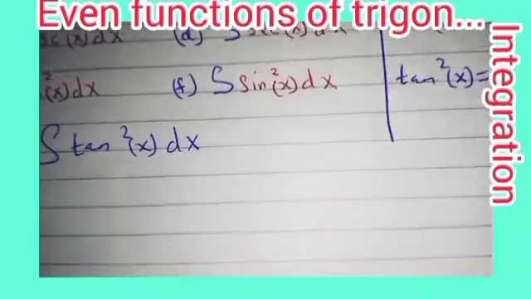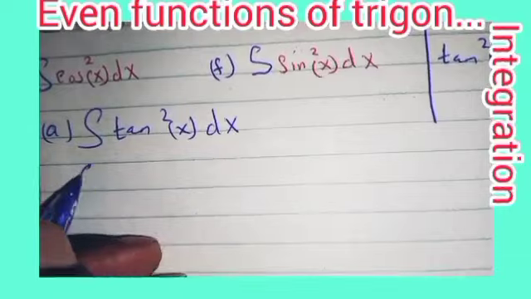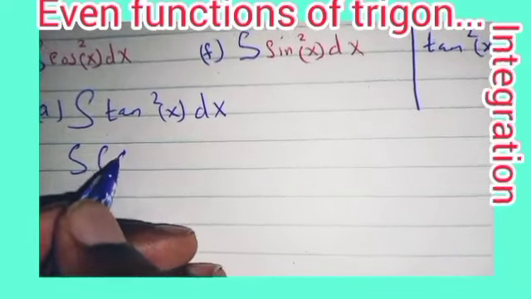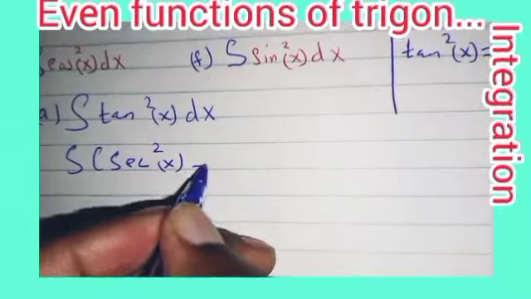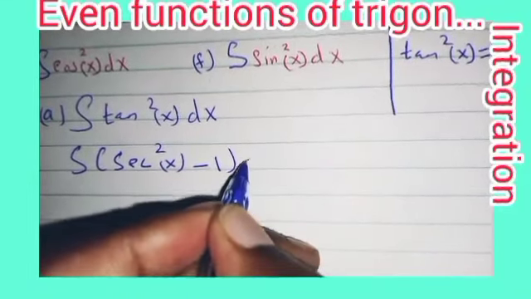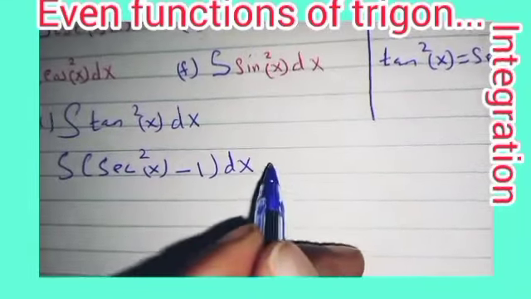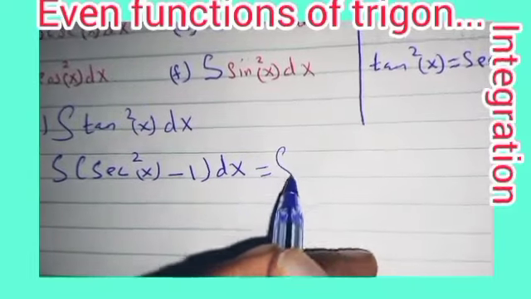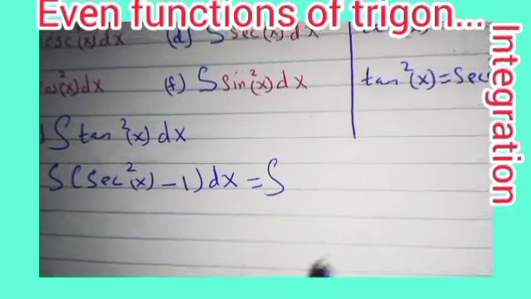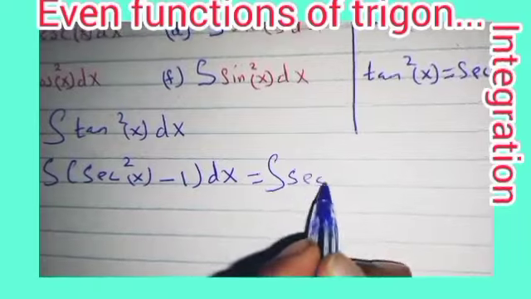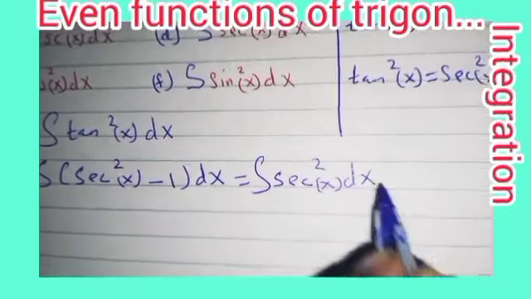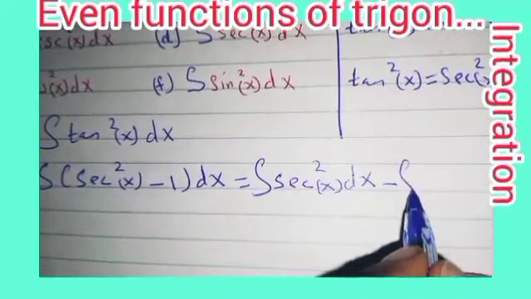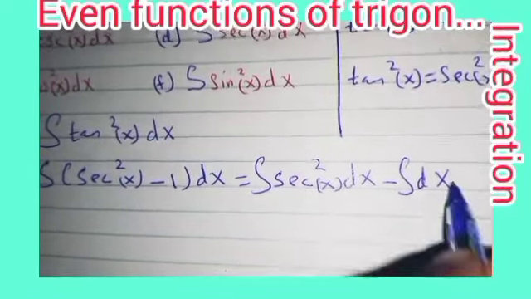So instead of tan squared x, I'm going to substitute it with sec squared x minus 1, everything dx, which is equal to, now I can distribute the integral sign. This is the integral of sec squared x dx minus the integral of dx.